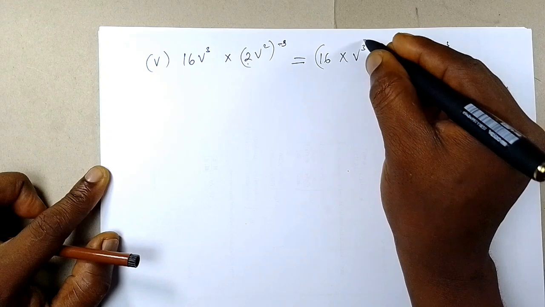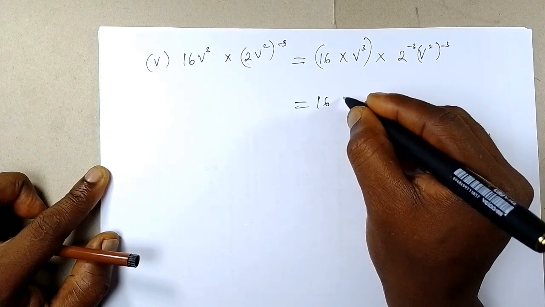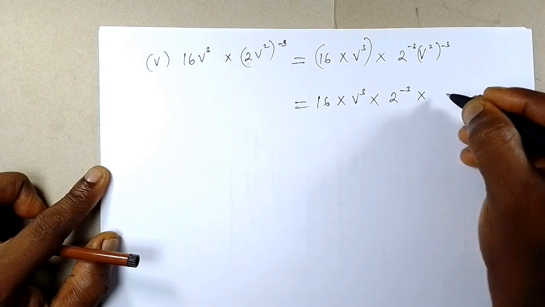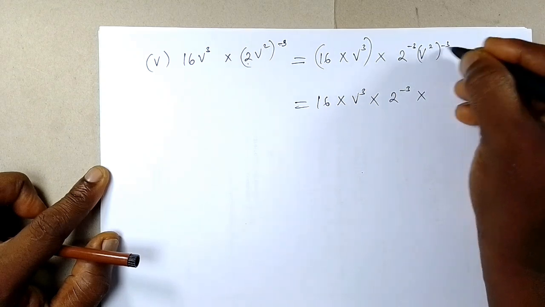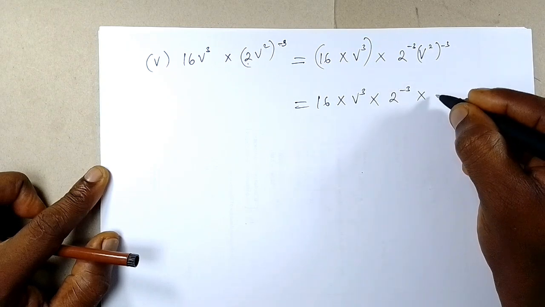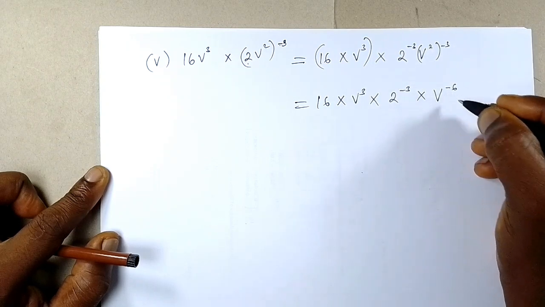By the law of powers of powers, these two powers will multiply, so you end up having v raised to the power minus 6.